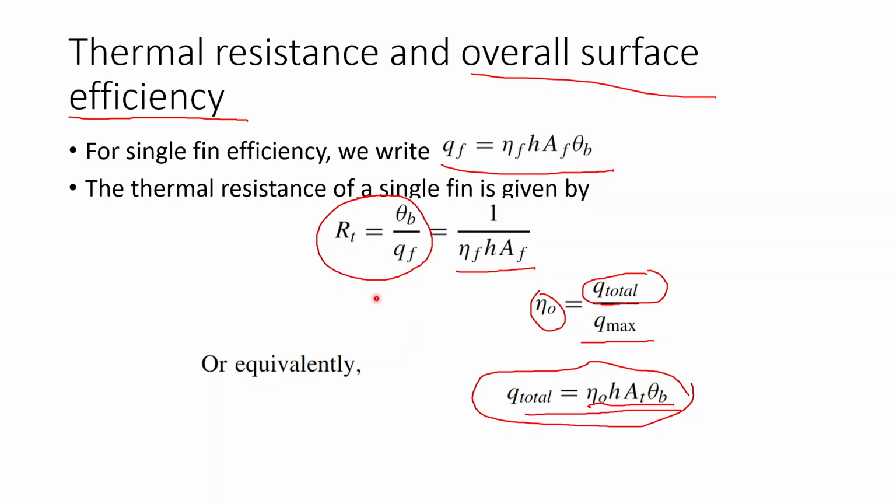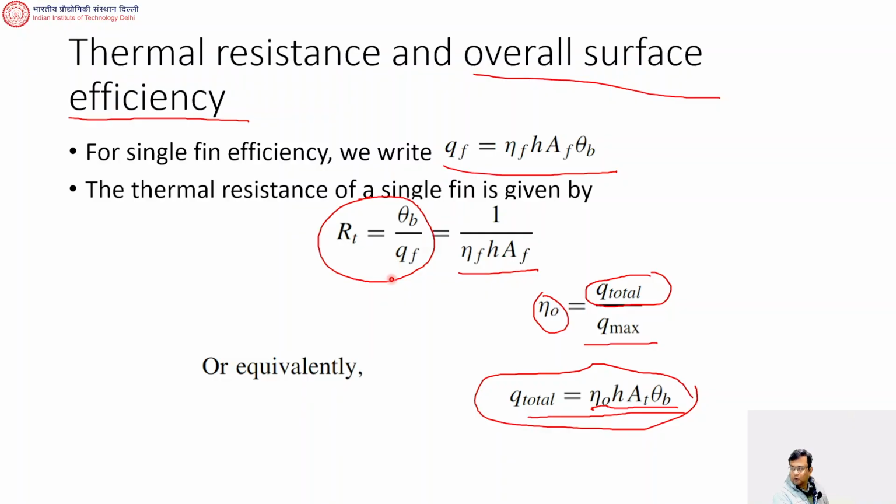And then we define a thermal resistance of a single fin also, which is driving temperature difference divided by the heat flow. So it's theta B by QF, which based on the definition of efficiency will look like this. So RT for a single fin is this.